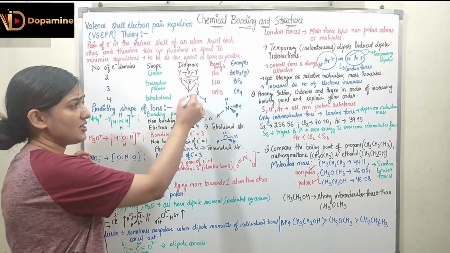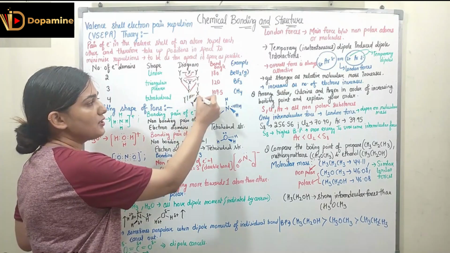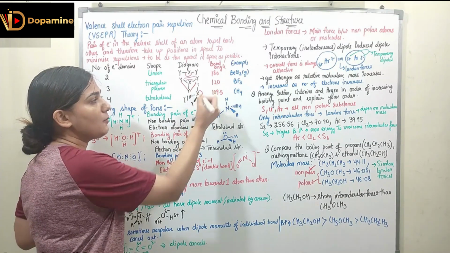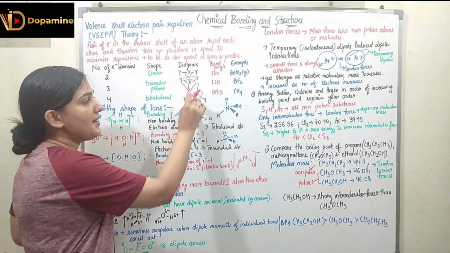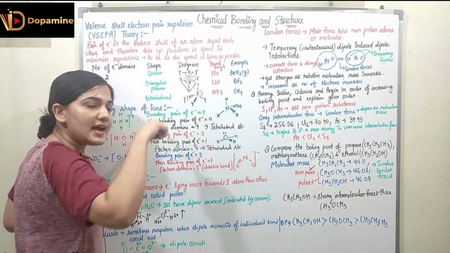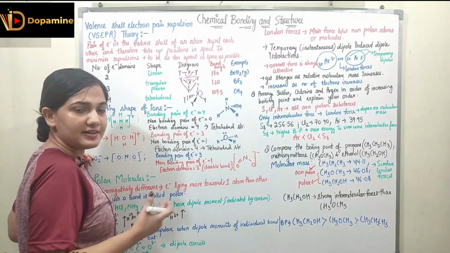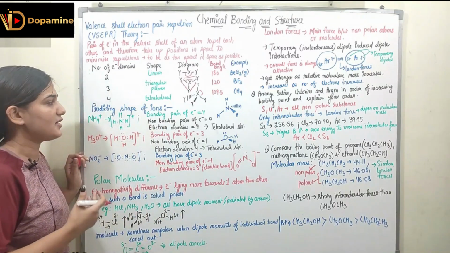Here X and Y are connected straight. This Y has an angle of 109.5 degrees, and this Y is out of the plane, and this Y is inside the plane, with the angle 109.5 degrees. This is a tetrahedral structure, and the example is CH4.